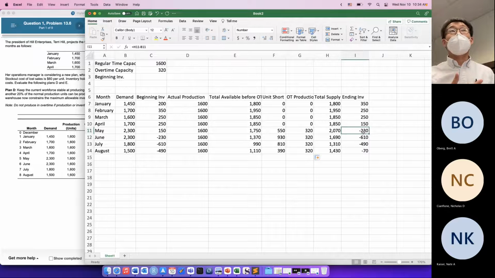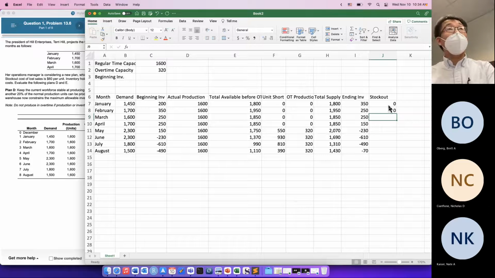Instead, we're more interested in understanding what is the stock out cost. So this part will have to move to become stock out. There's no stock out here, no stock out here, no stock out here, no stock out here. And here you have 230 stock out. How do you do that?